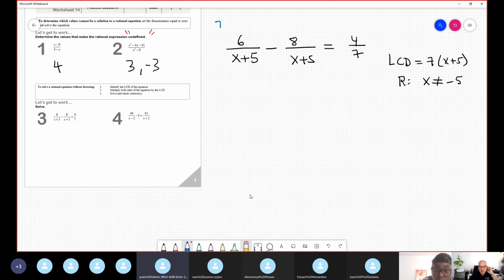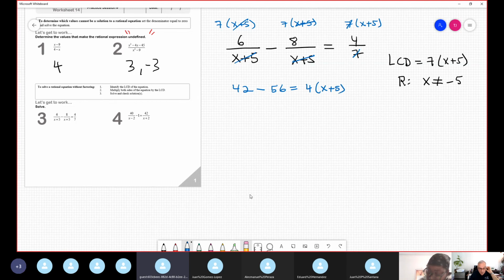It's 7 times x plus 5, and 7 times x plus 5. This cancels out. Let's take 7 times 6, which is 42, minus 56, this cancels out again, equal, and this 7 cancels out and stays 4 times x plus 5.